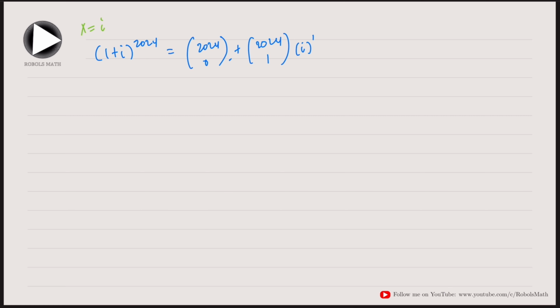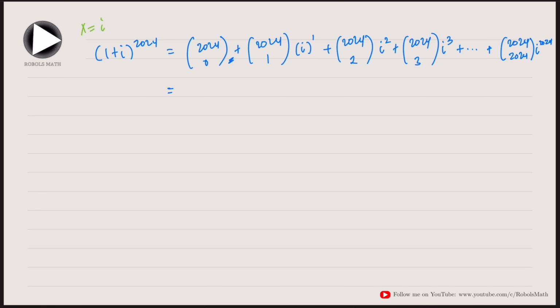Actually, we have here the i to the 0, but I will not write that anymore because that's just 1. Plus 2024 taken 2 i squared plus 2024 taken 3 i cubed, and so on until 2024 taken 2024 i raised to the 2024.